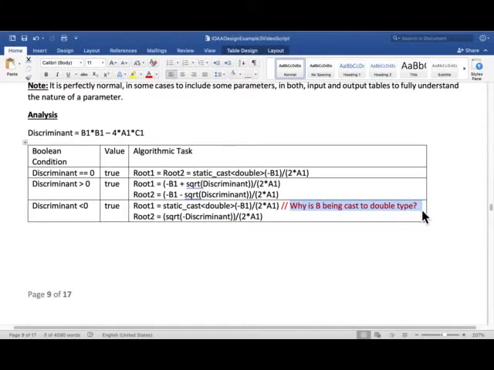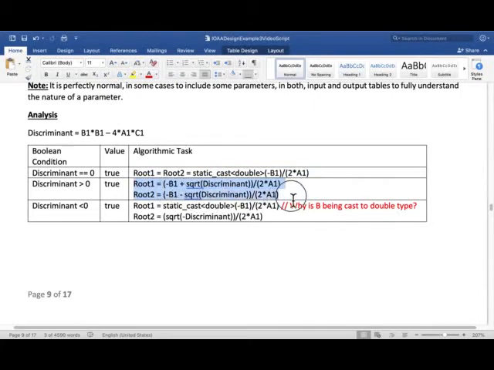Explain that to someone. And root 2 will be simply, because discriminant is less than 0, we'll take minus of that and then take the square root of that, because you cannot have a square root of a negative number. So then root 2 in this case is given like that. So you need to clearly do the math and understand why root 1 and root 2 are different expressions in these three cases.